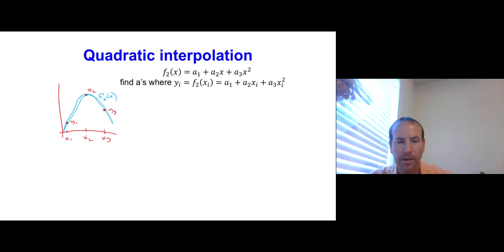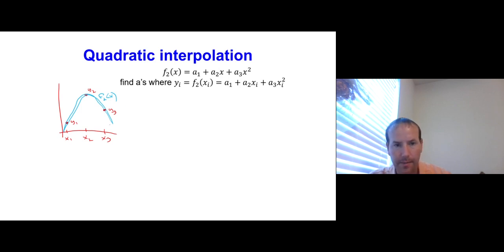And one really important concept is that for n data points, there's only one interpolating polynomial that will go exactly through those data points. So there's only one quadratic that can go through these 3 data points.